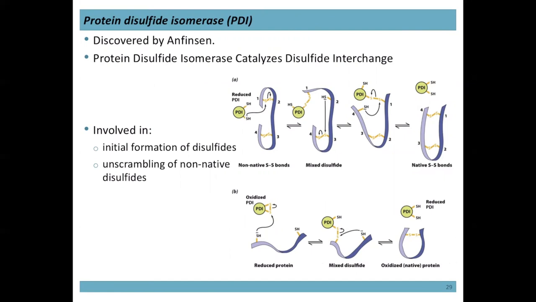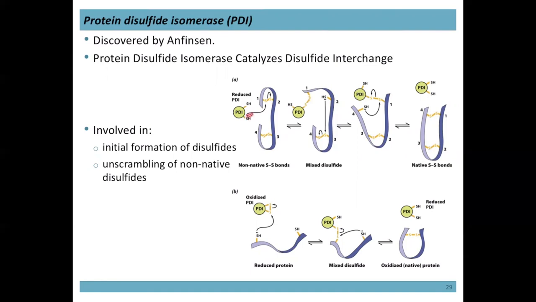So Anfinsen, when he was doing that RNase experiment, found that proteins would fold correctly even though they had a 1 in 10^5 chance of folding correctly. So he went looking for something that helped shuffle those disulfides, and he found an enzyme called protein disulfide isomerase, known as PDI. Essentially, it's just like a free thiol.